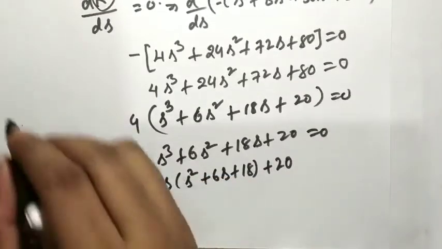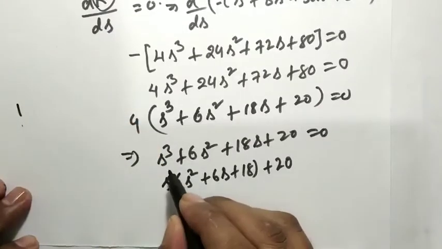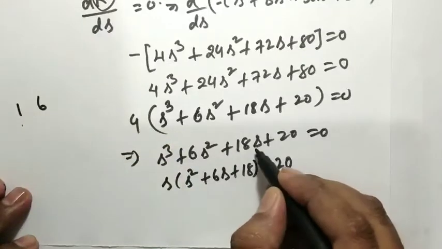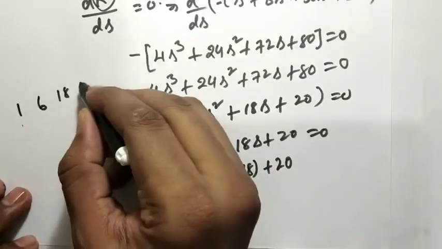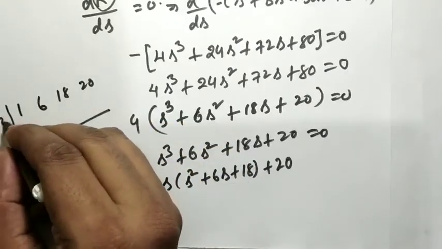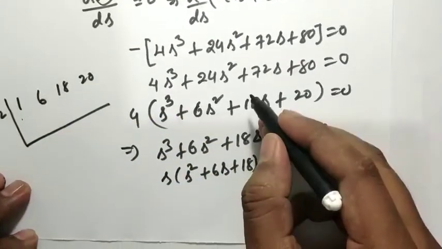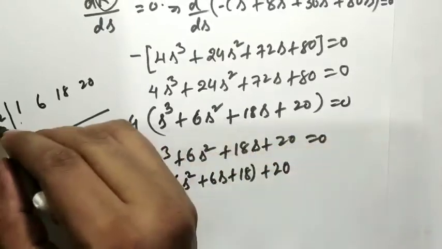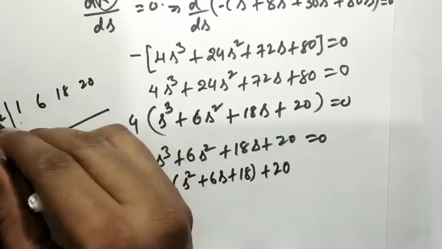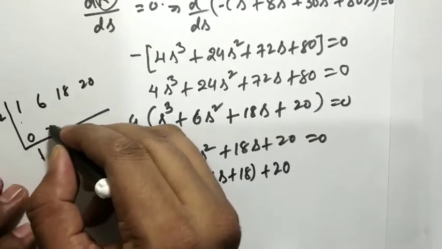S cubed coefficient is 1, s square coefficient is 6, s coefficient is 18, and the constant is 20, right? I'm just going to take minus 2. So you divide by minus 2: into 0, how much here? 1. Minus 2 into 1, so minus 2.